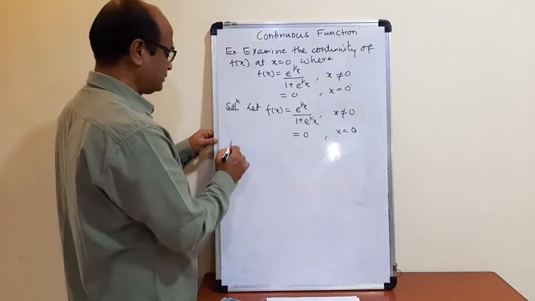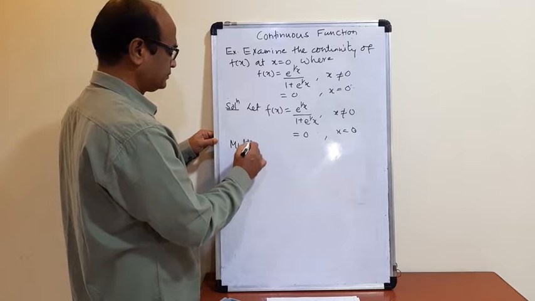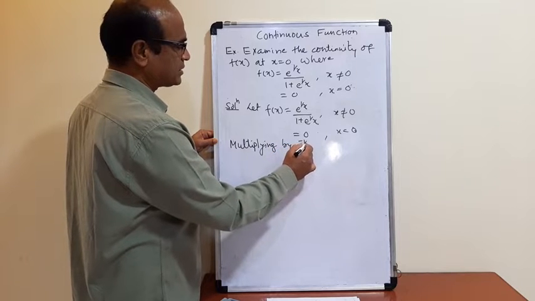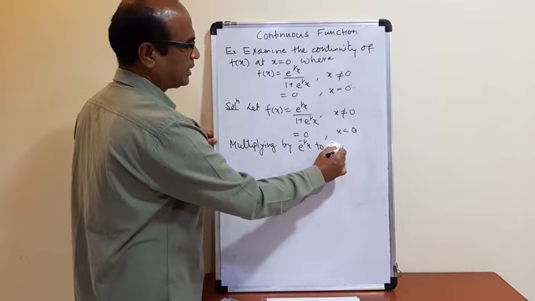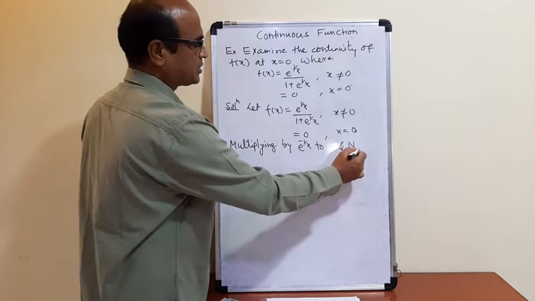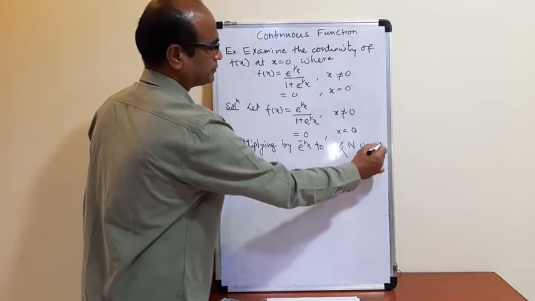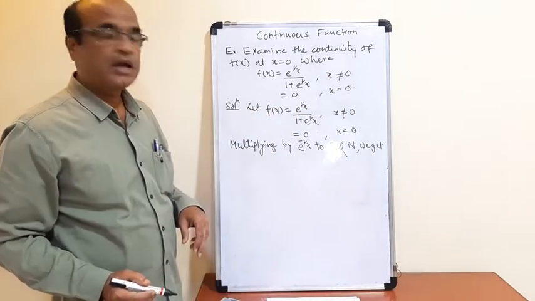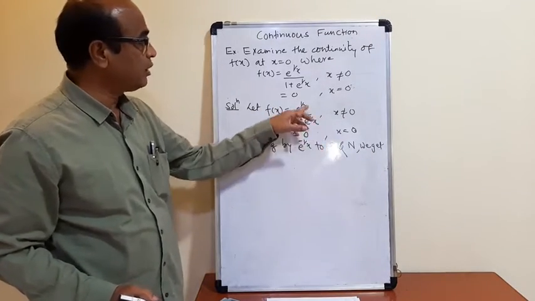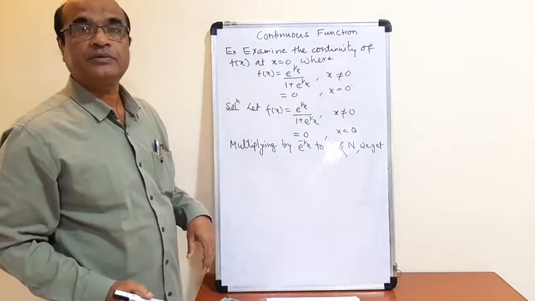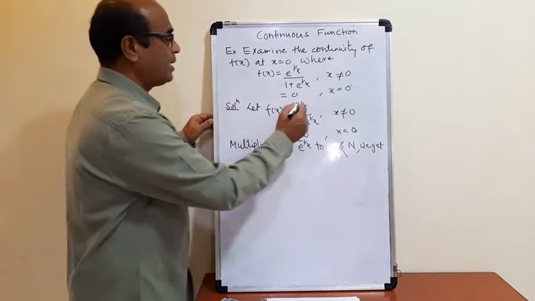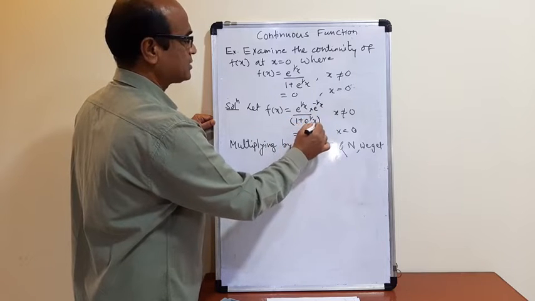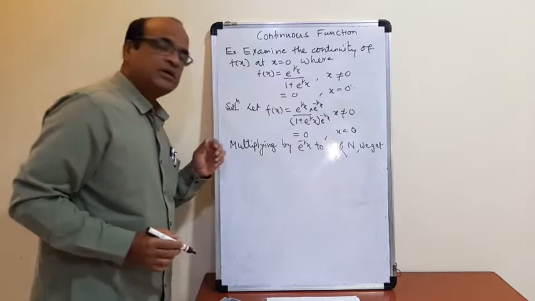Okay. So multiplying the numerator and denominator by e raised to minus 1/x, we get the function here.